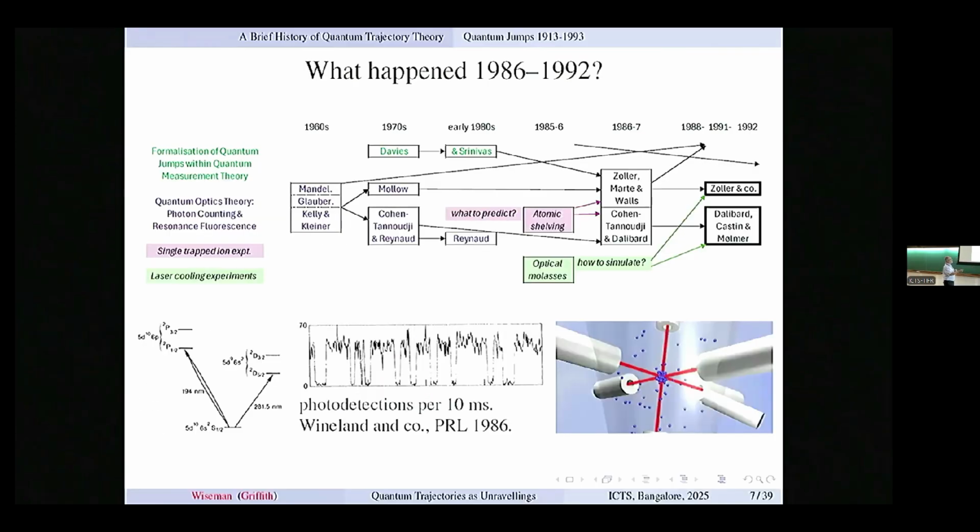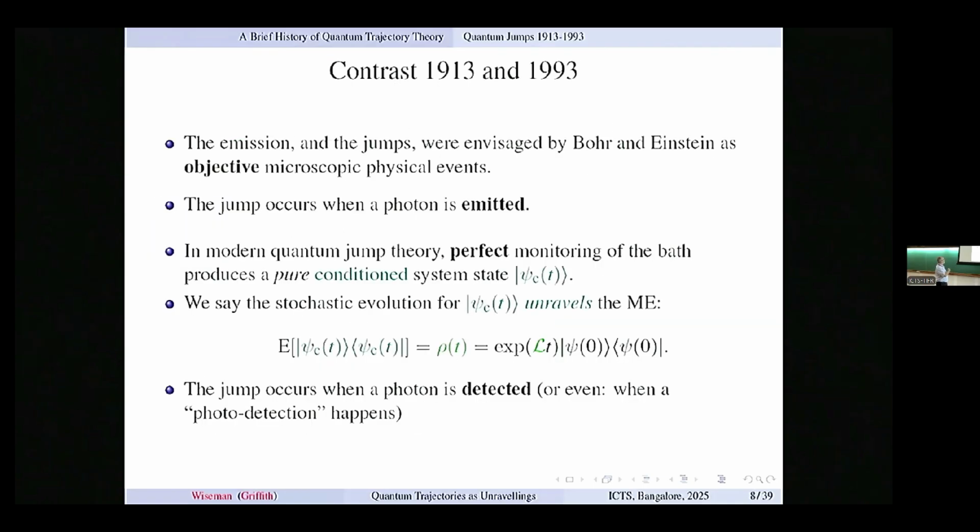And then almost at the same time, Zoller, again the same name from here, and various other people came up with the same idea with, I think, the same motivation to do that. Okay, so that's, I think, the big changes that happened between 1986 and 1992.